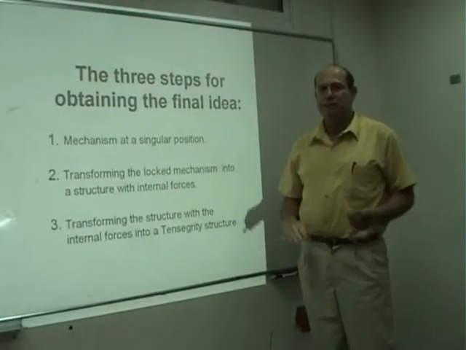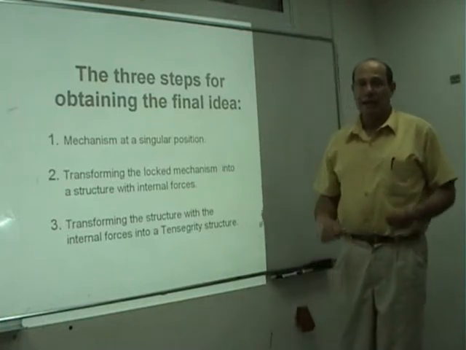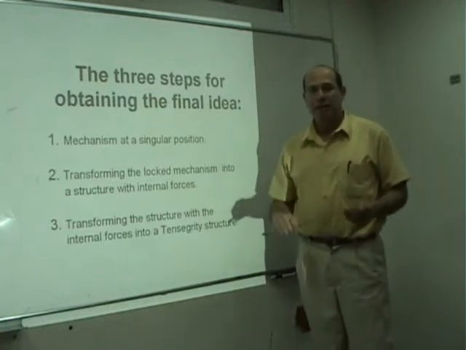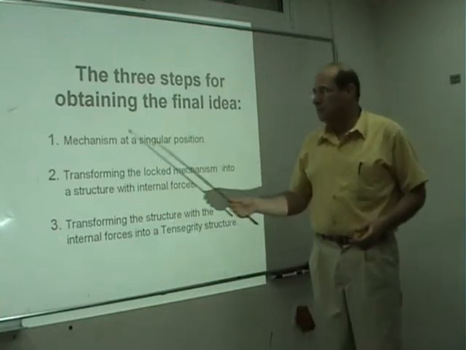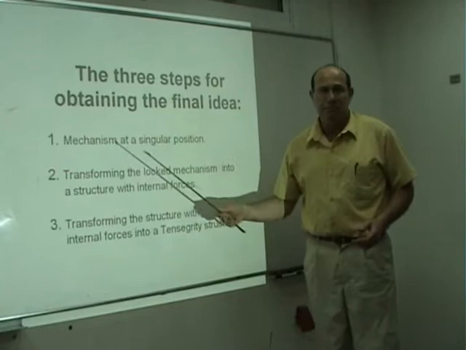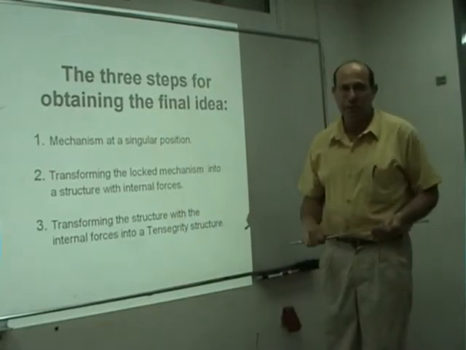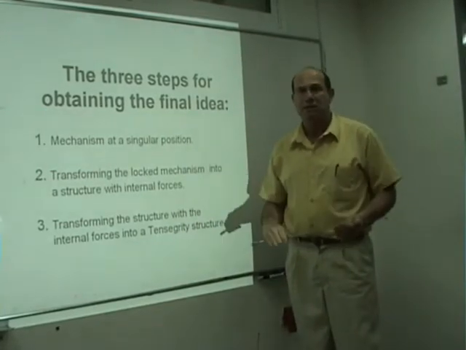Here we can see the 3 main steps that help us to derive the main idea behind the concept of the device. The first is that every mechanism has a special configuration at which it is in the singular position.